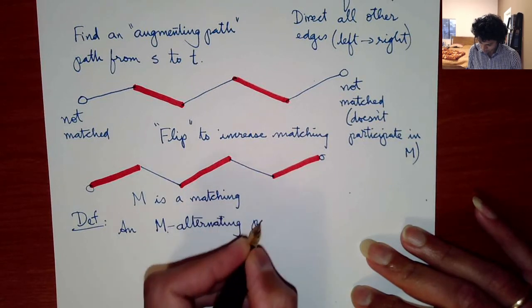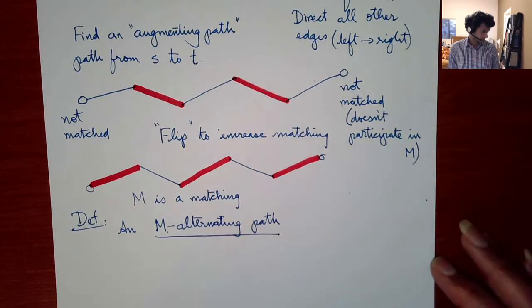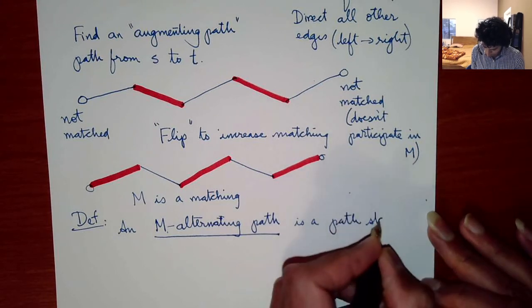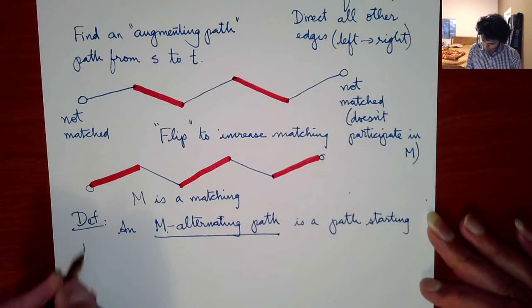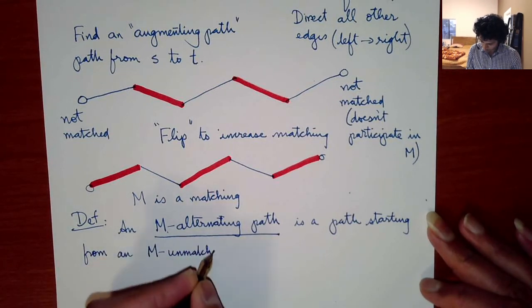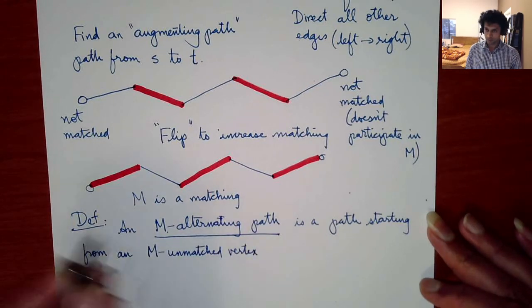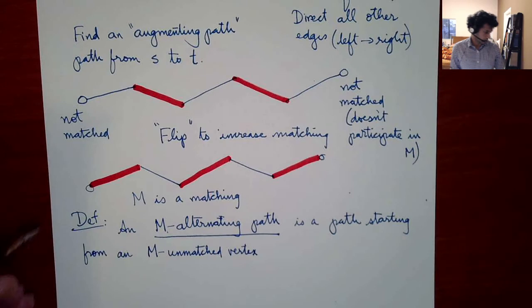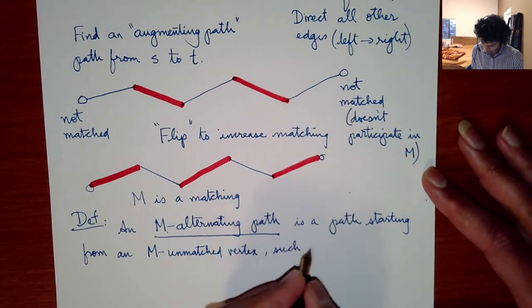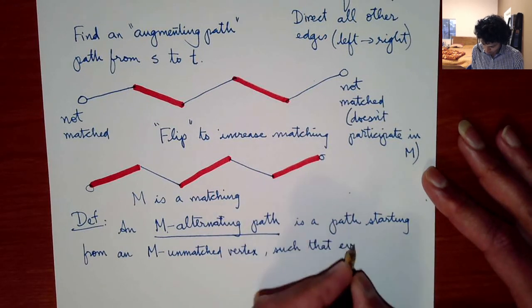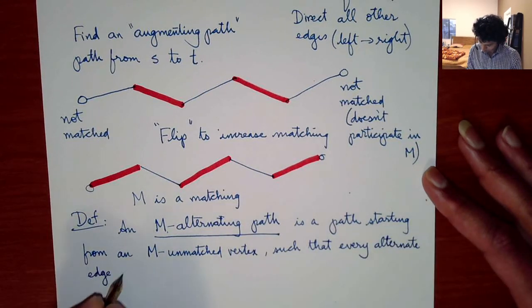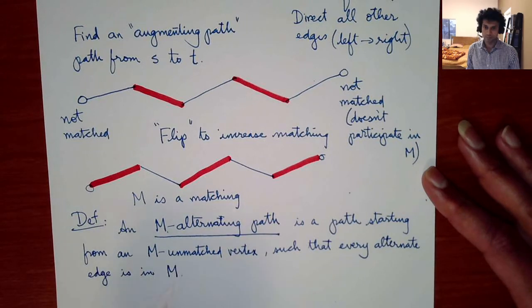An M alternating path is a path starting from an M unmatched vertex, a vertex that is not matched, such that every alternate edge is in M. Okay?